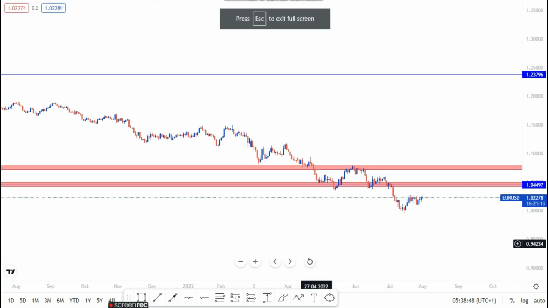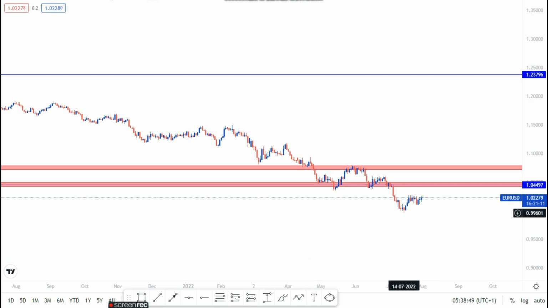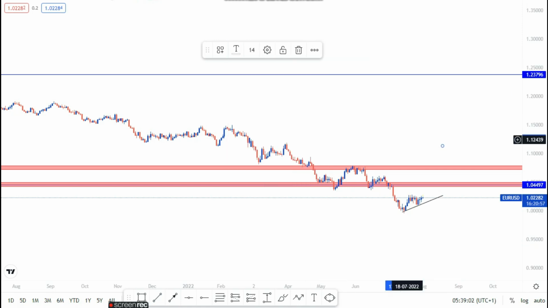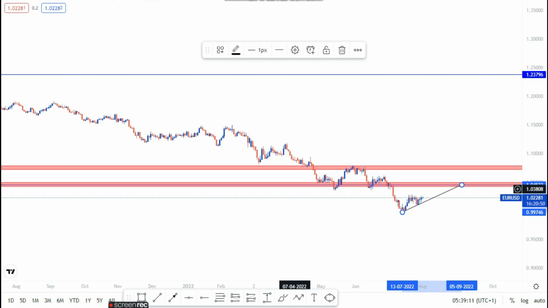So what do you see on the daily chart? It's so simple. We see this trend line to this new monthly level.